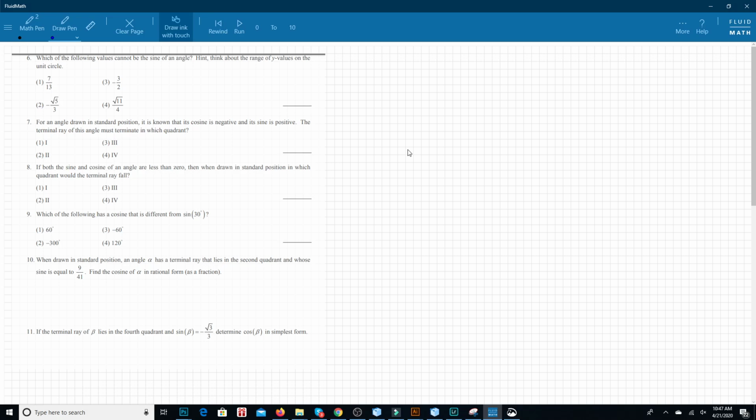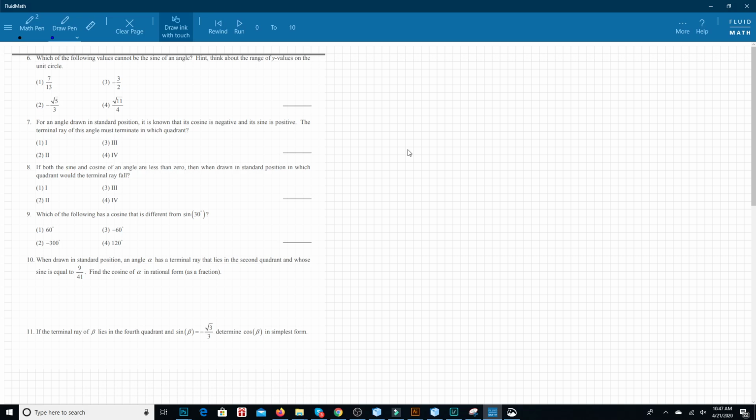So the first one says, which of the following values cannot, again, be the sine of an angle? Hint, think about the range of the y values on the unit circle. Okay, so we're looking at the y values for the unit circle right here. I hope you have your unit circle in front of you.